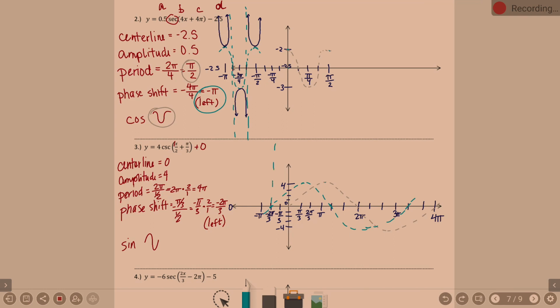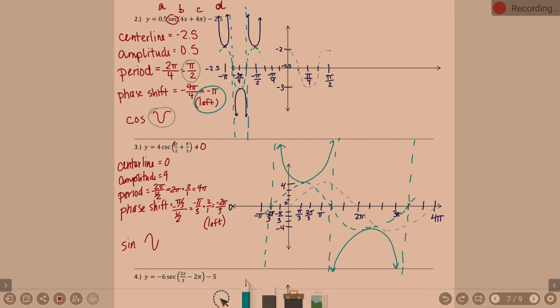Asymptotes. There's 1, 2, and 3. And parabolas, yes? Since this is based off of a sine curve, you should have exactly 2 parabolas.